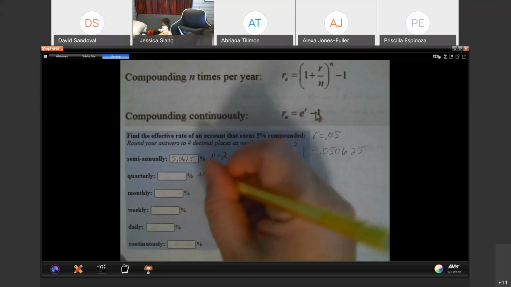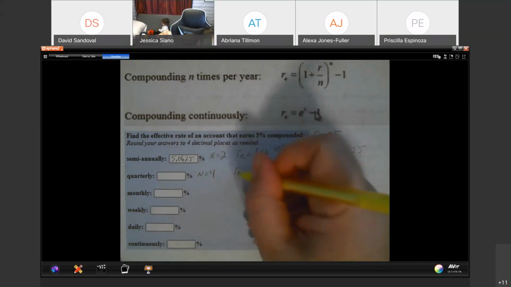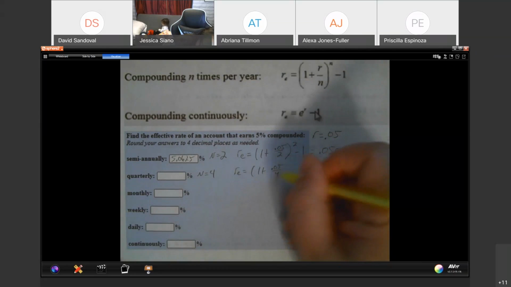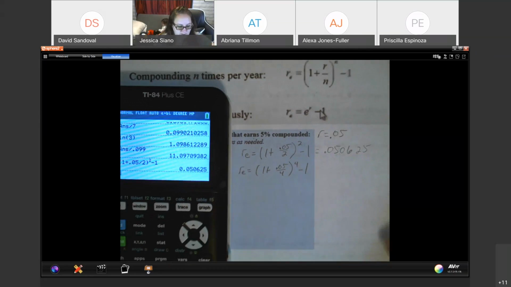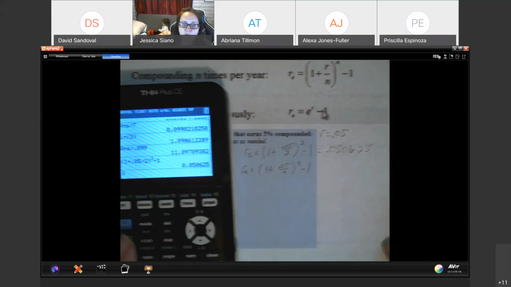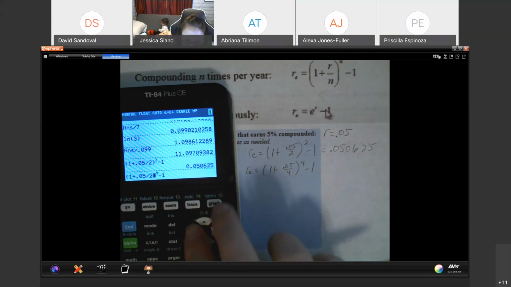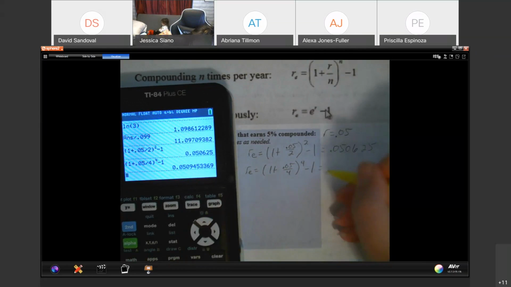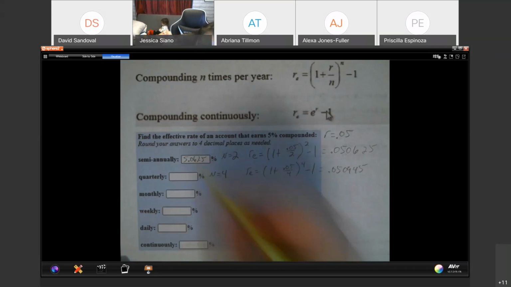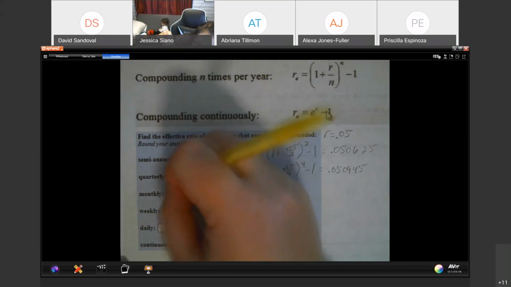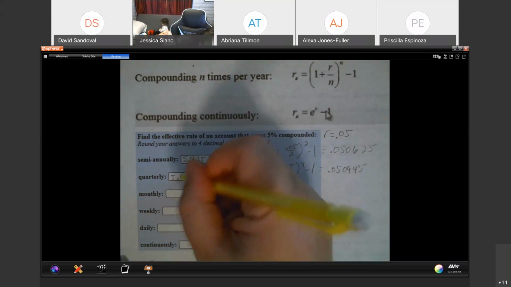Quarterly n is 4. So my effective rate is 1 plus 0.05 divided by 4 to the 4, and then minus 1. So 5.0923400945.